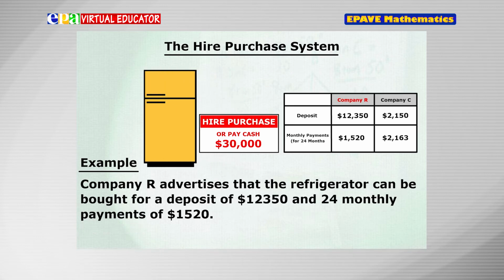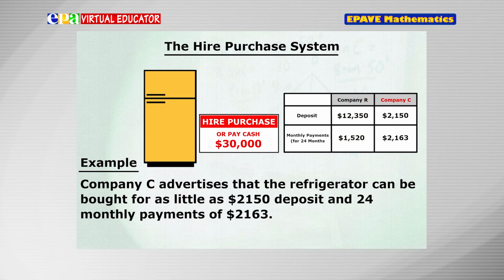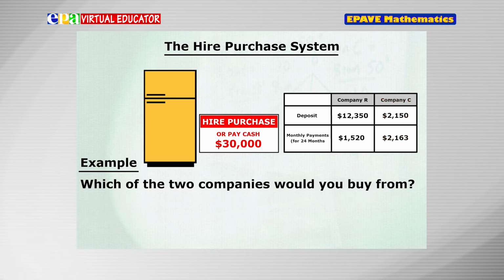Company R advertises that the refrigerator can be bought for a deposit of $12,350 and 24 monthly payments of $1,520 each. Company C advertises that the refrigerator can be bought for a $2,150 deposit and 24 monthly payments of $2,163 each. Which of the two companies would you buy from?